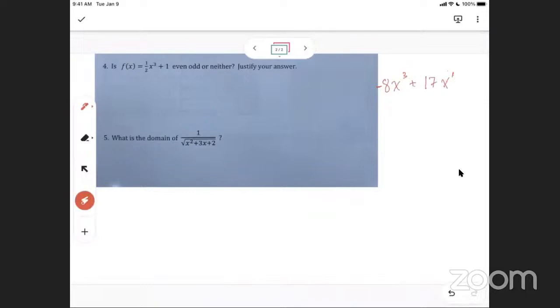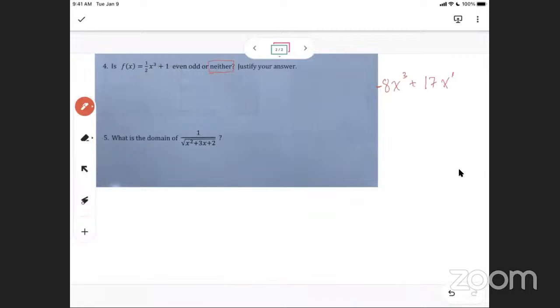Okay? Are all the exponents odd here? Not with this one, because this one is like x to the 0 power, and 0 is not an odd number. So this is actually neither.